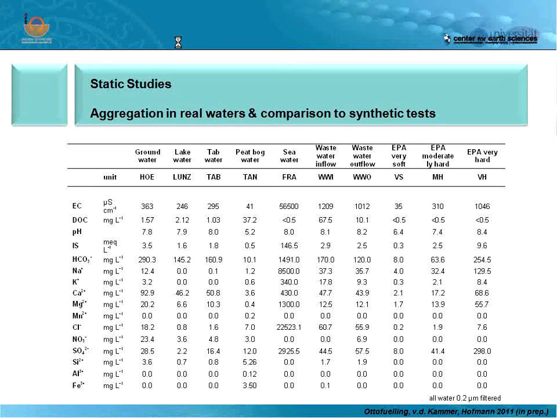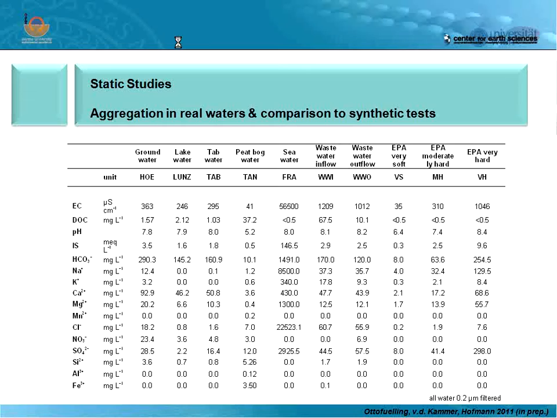So what does that mean for natural waters? For natural waters, first of all, it doesn't mean much because natural waters don't only contain calcium sulfate. So what we wanted to do is compare this with natural waters. So we used a lot of natural waters, or more or less representatives of natural waters: a groundwater, a lake water, a tap water, a peat bog water, seawater from farms, and also wastewater inflow and outflow from a local wastewater treatment plant, and 3 different test waters from the EPA.